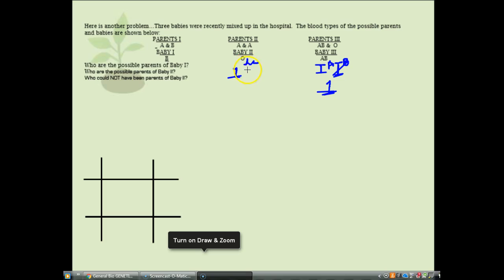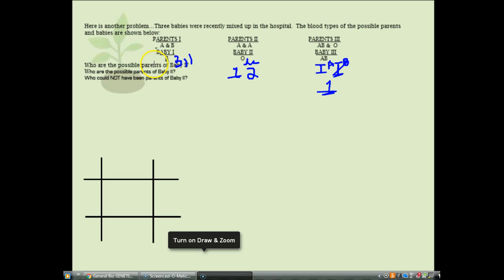They could. So parents 2 could be the parents of baby 2 as well. The only parents that could be the parents of baby 1 would be 3, or could they? They sure could if both were carrying the O allele. So parents 1 could also be the parents to baby 1.